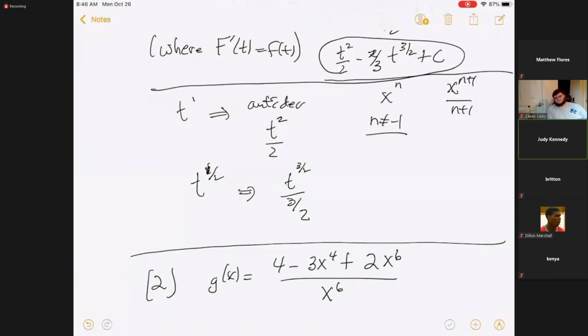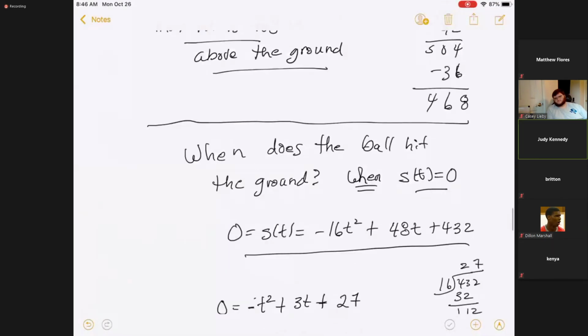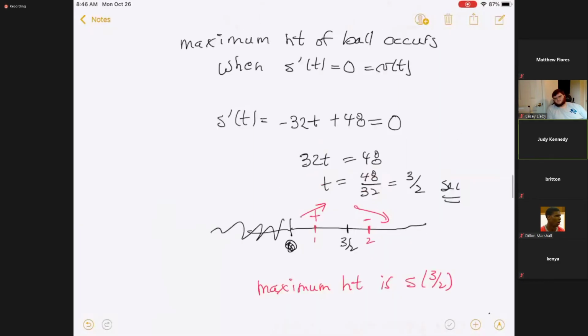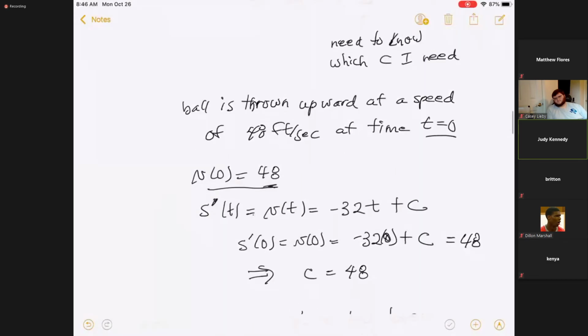Well, that's a quotient of two functions. And going back to our rules at the first, I don't see anything in that list that tells me how to deal with a function that's a quotient of two functions.